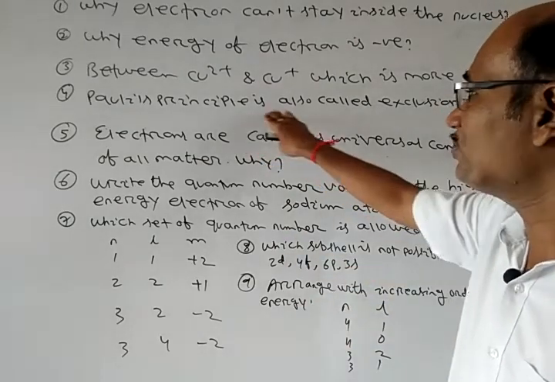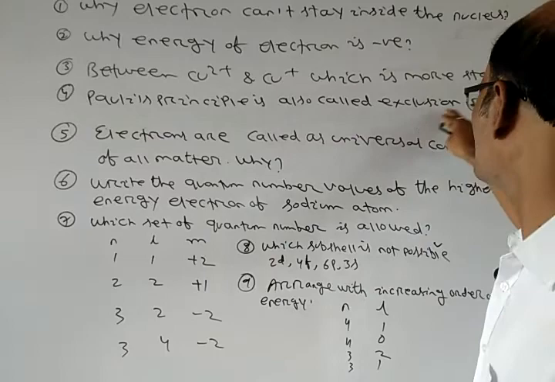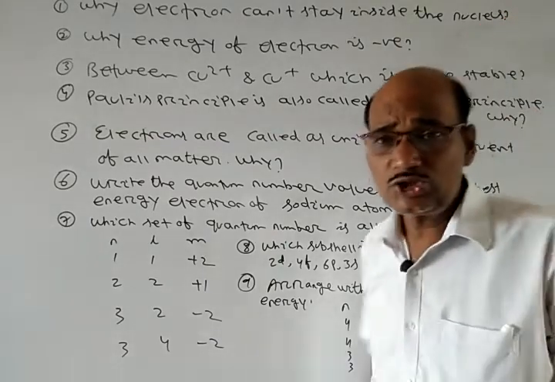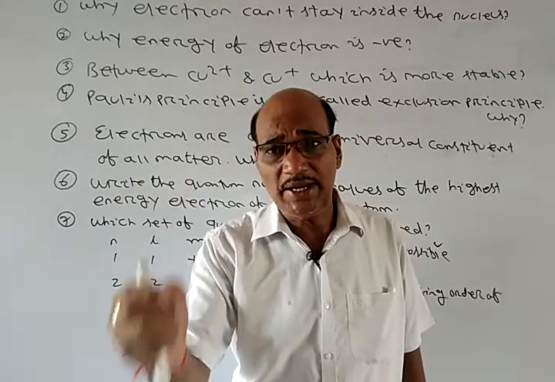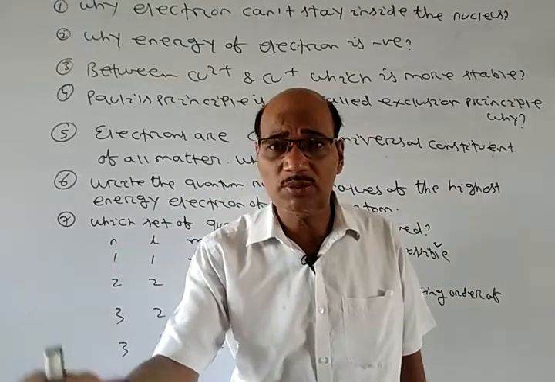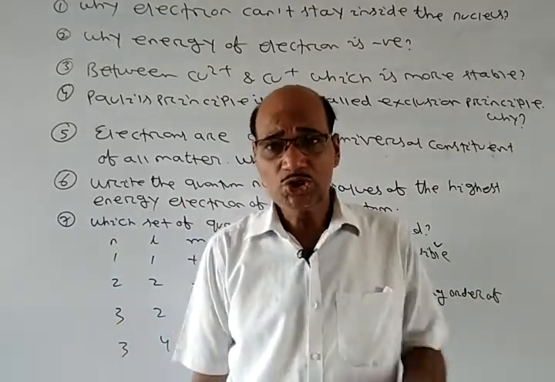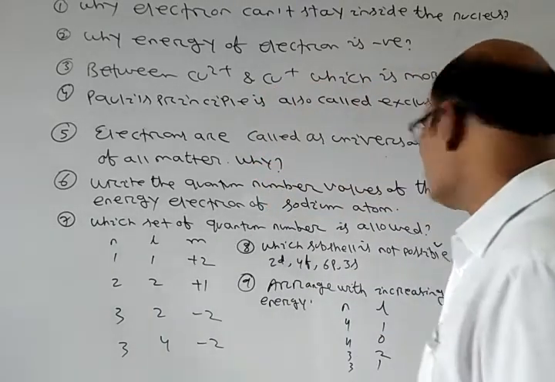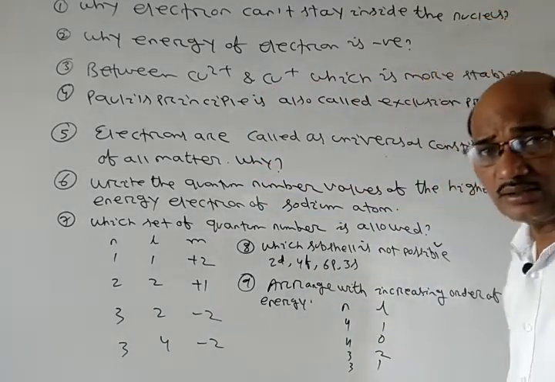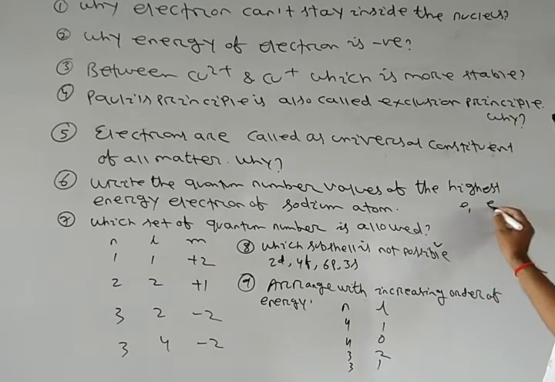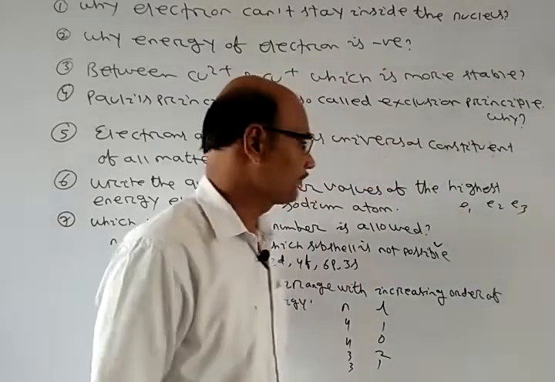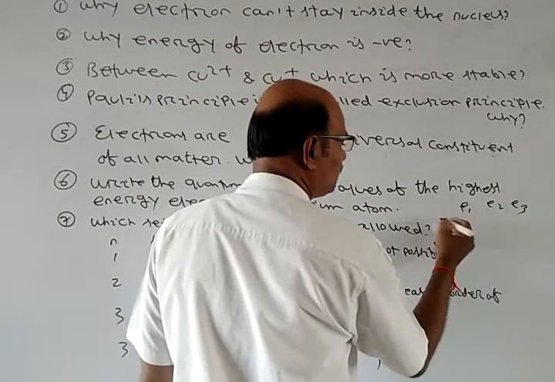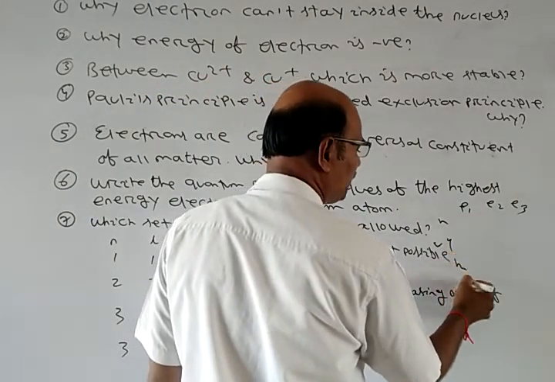Now Pauli's principle is also called the exclusion principle. Why? What does Pauli's principle say? No two electrons in an atom can have all four quantum numbers identical. Suppose I take 3 electrons in an orbital, E1, E2, E3, with quantum numbers n, l, m, s.